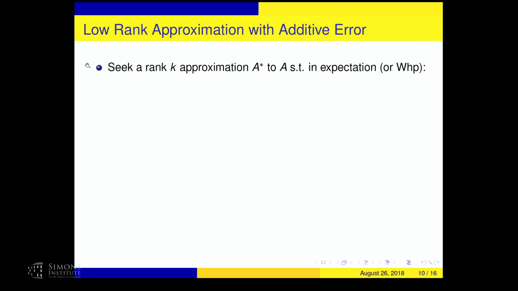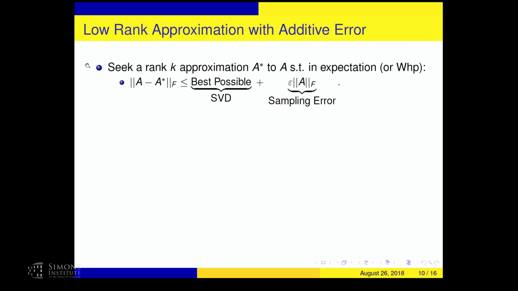Okay, so the first result, again, these are early ones, and you will see the state of the art in the coming lectures the next few days, as well as in the workshop. Low rank approximation with additive error. We seek here a rank k approximation A star to A, so that either in expectation or with high probability, the following is true.